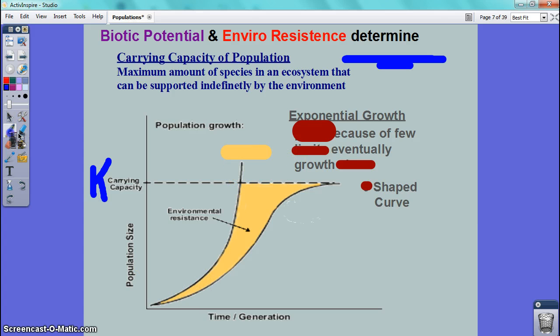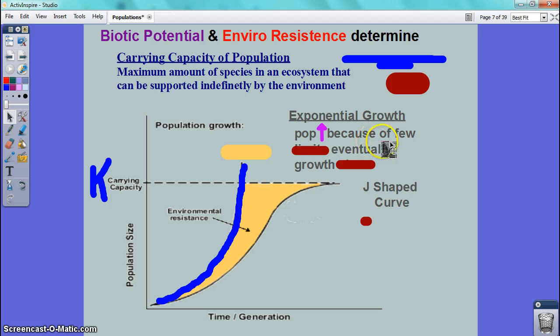This curve right here, which looks like the letter J, represents exponential growth. Exponential growth is a J-shaped curve. The population booms because there are few limits, but if you exceed the carrying capacity, then the growth will eventually slow, as I mentioned before.